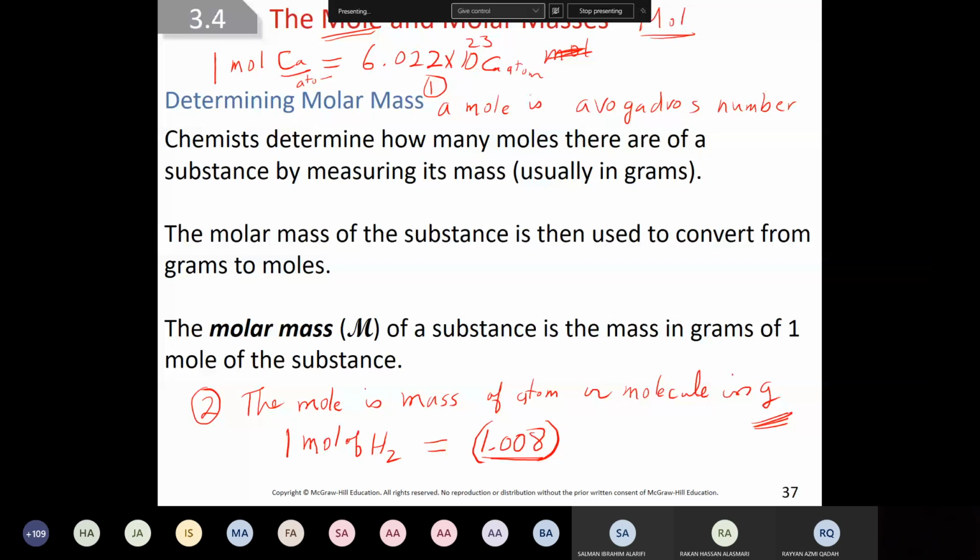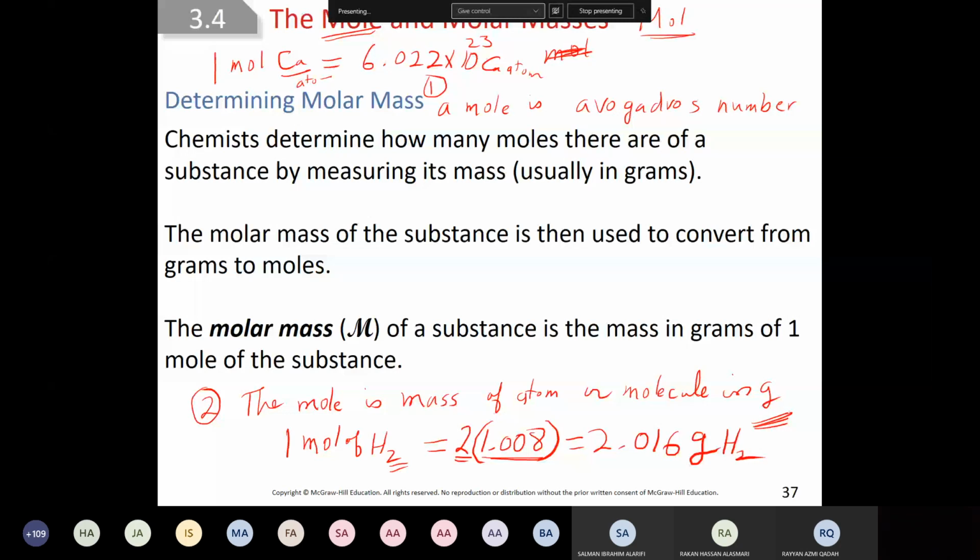Times 2. Why did they multiply by 2? Because we have 2 hydrogen, H2. Which is equal to 2.016. And what's the unit now? Gram H2. Clear?